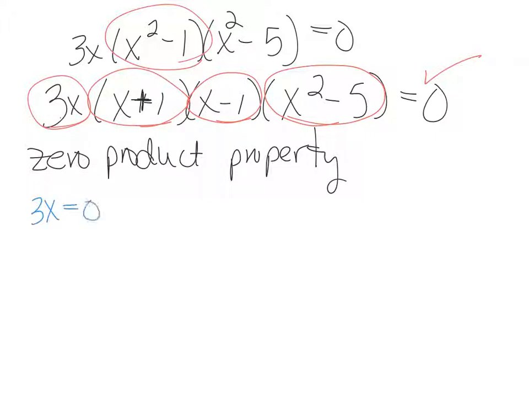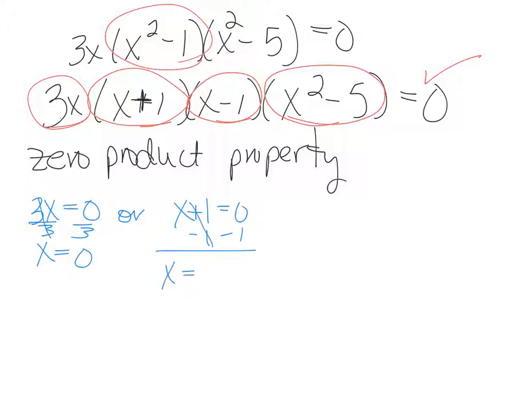3x equals 0. Divide both sides by 3. x equals 0. Or maybe x plus 1 equals 0. Or x minus 1 equals 0.